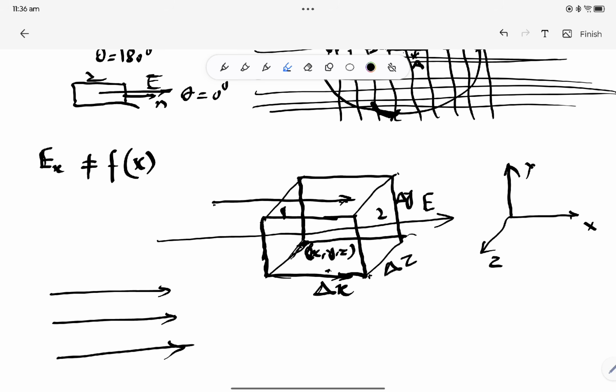Now, if the field is uniform like this, then the flux through this will be 0.